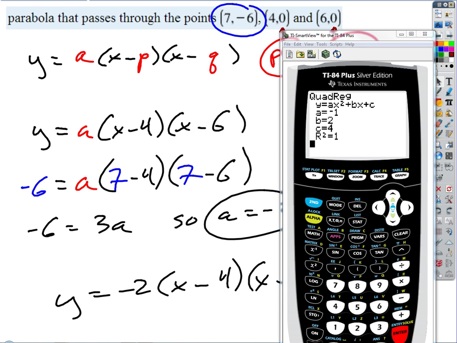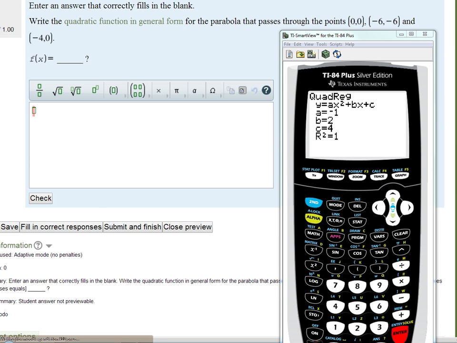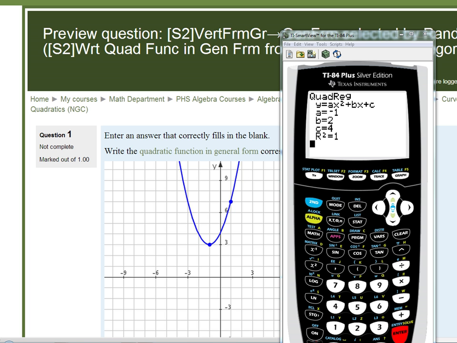So for vertex form, how could I make quadratic regression work here? I'm only given 2 points. Yeah, I get a third point though, don't I? Yep. I could reflect that over and get the third point for free, right? And then I've got 3, and I could do quadratic regression again.